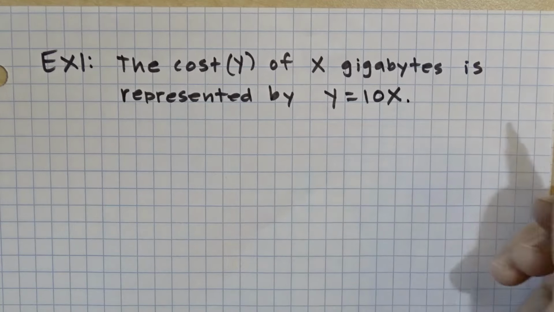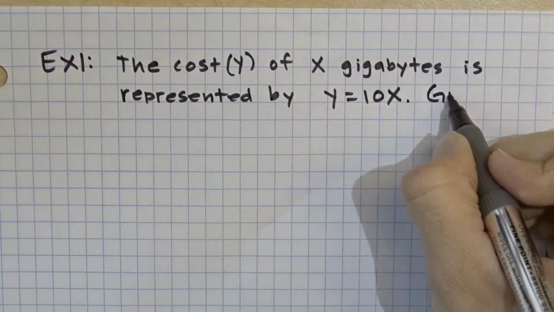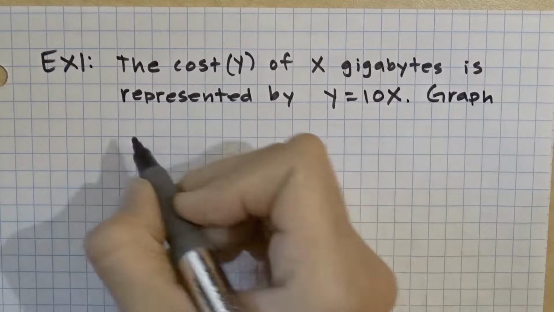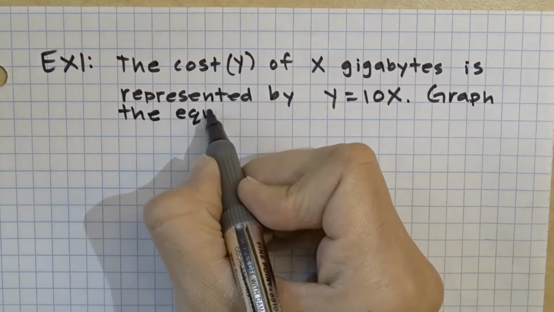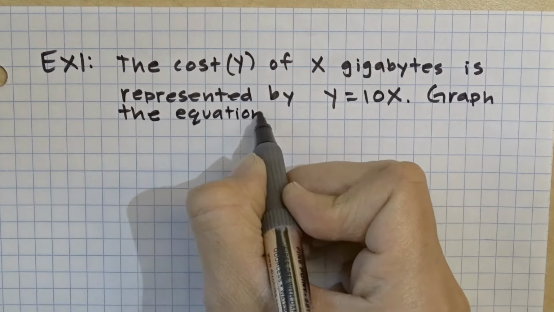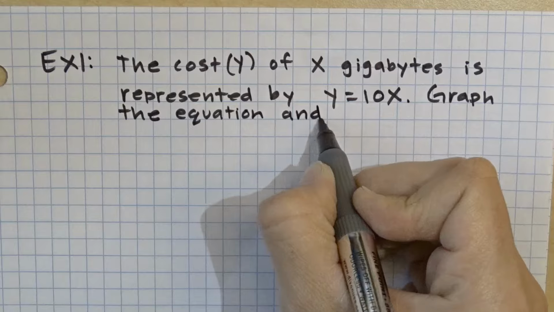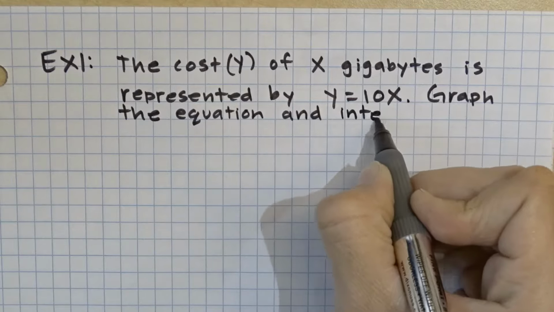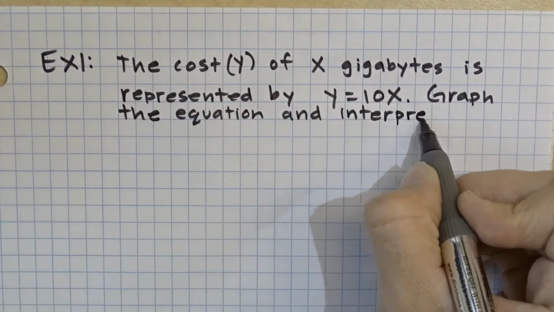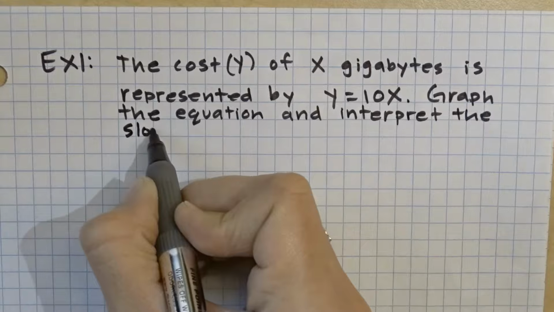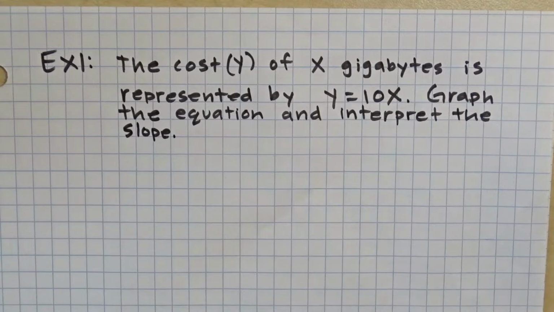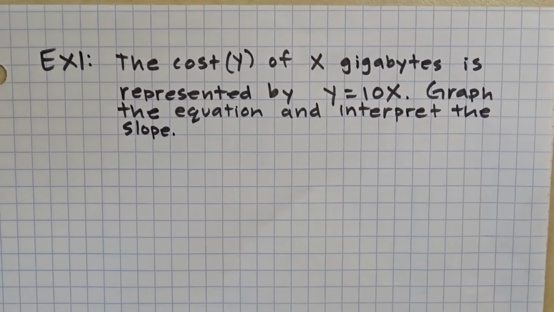So we're going to graph this and interpret the slope. And that just means we're going to try to see what relation the slope has to this whole problem, what it means.